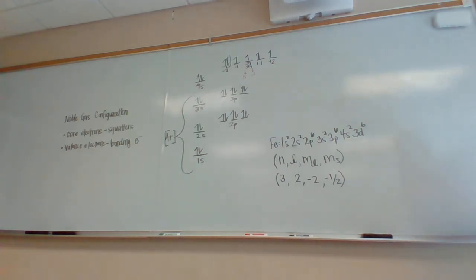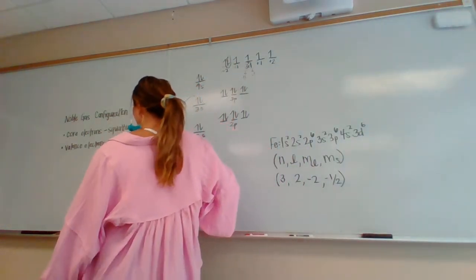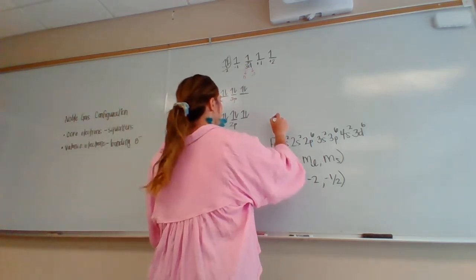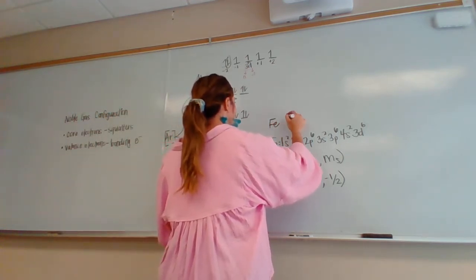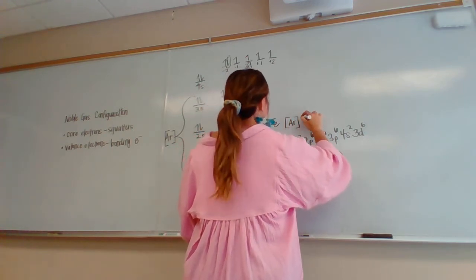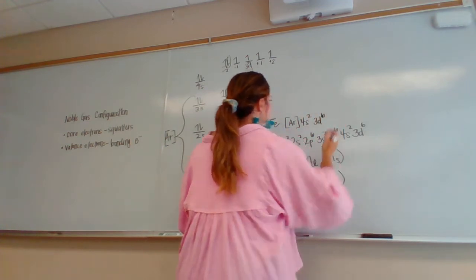You always go to the preceding noble gas. So my noble gas configuration would be Ar, 4s2, 3d6.